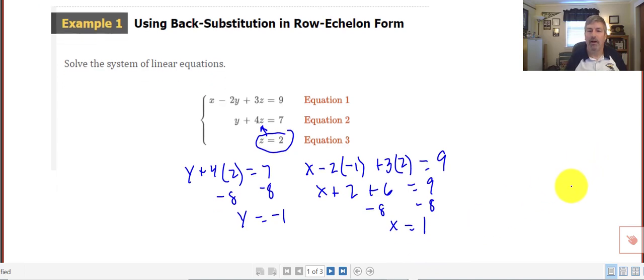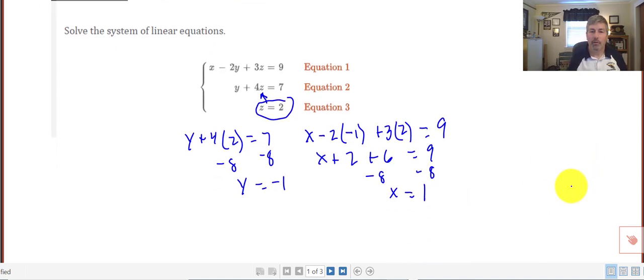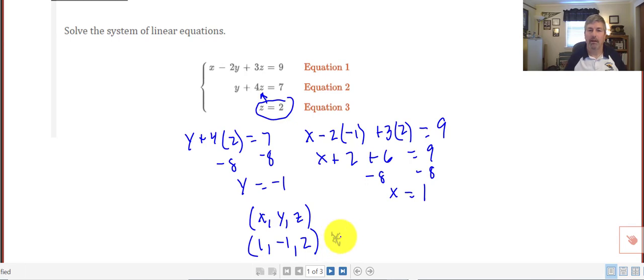So our final answer here is the ordered triple in the order of x, y, and z. Put them in alphabetical order. So our answers: x is 1, y is -1, and z is 2. That looks like a z, but that's a 2. And that is our ordered triple, and that's our final answer.